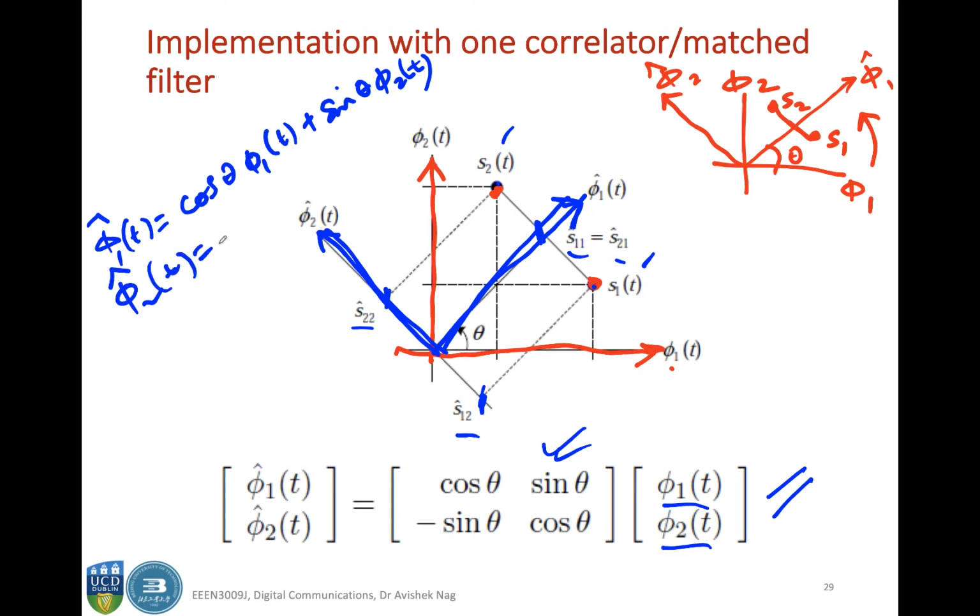is minus sin theta phi 1(t) plus cos theta phi 2(t).